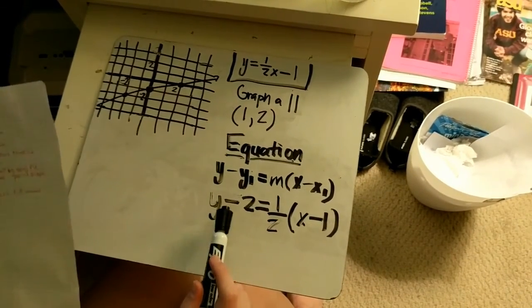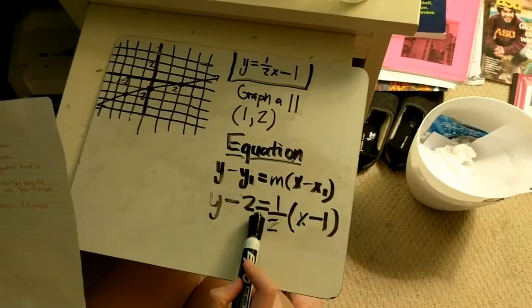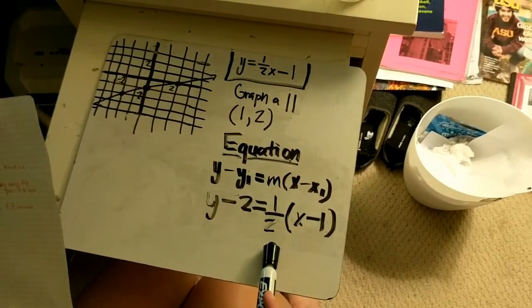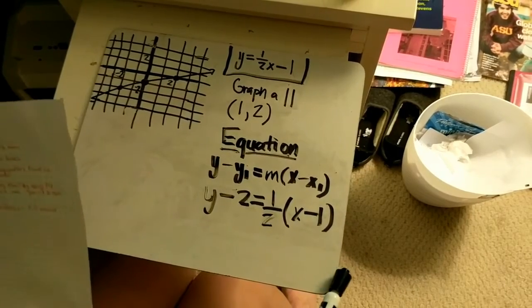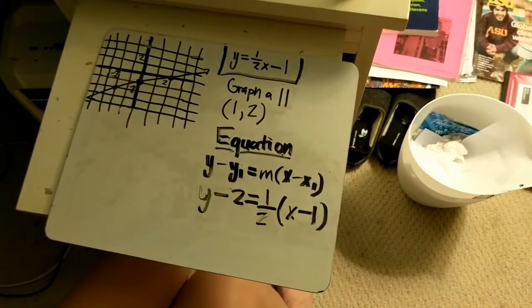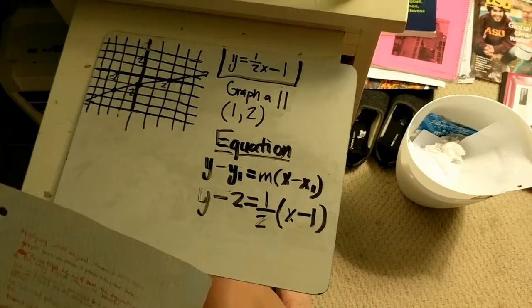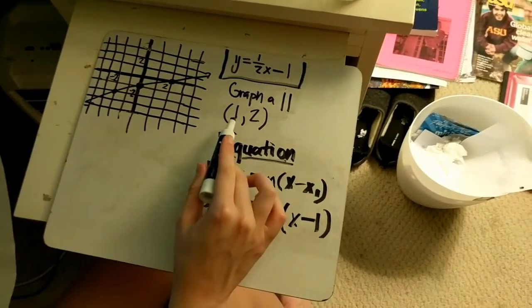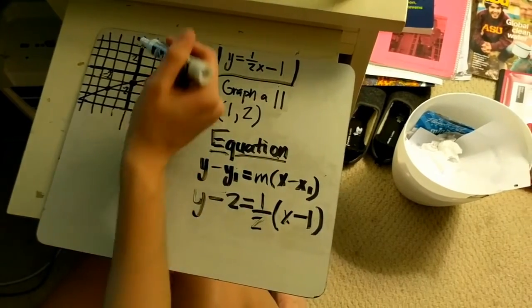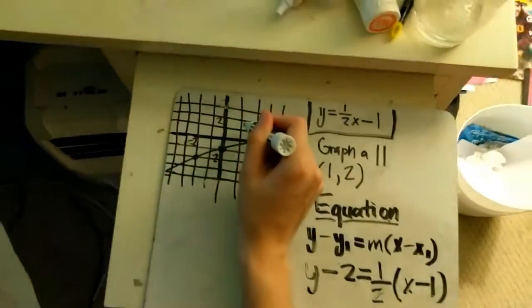This will turn out to be y minus 2 is equal to 1/2 times x minus 1, and we would leave it be. Now we will graph this line. We will go to the point (1, 2), which would be right here.